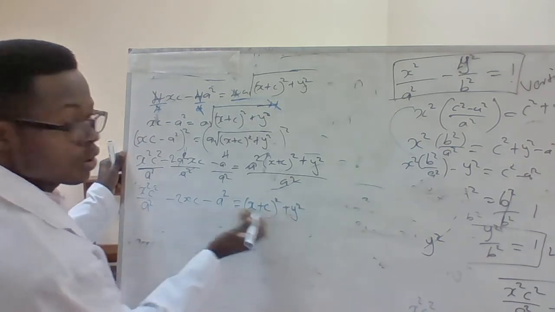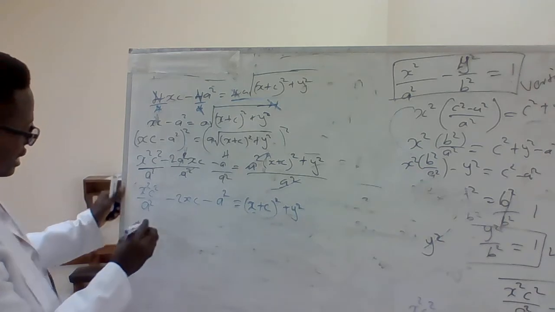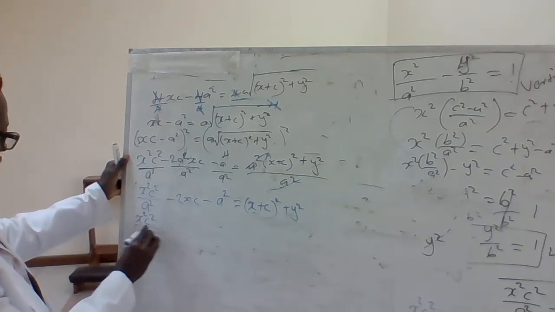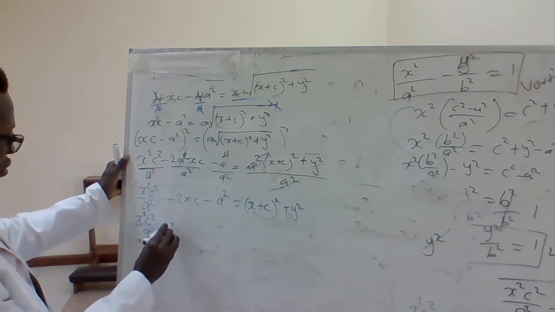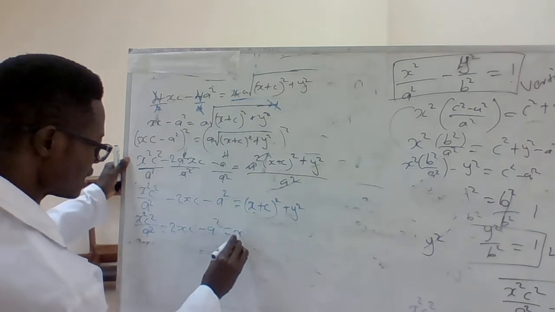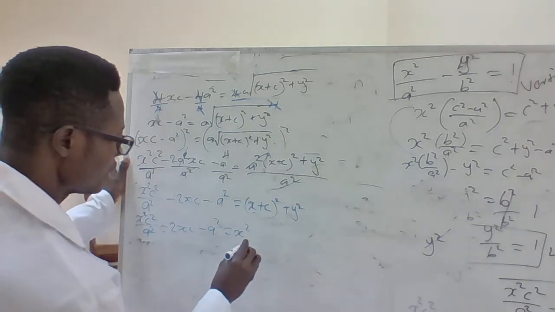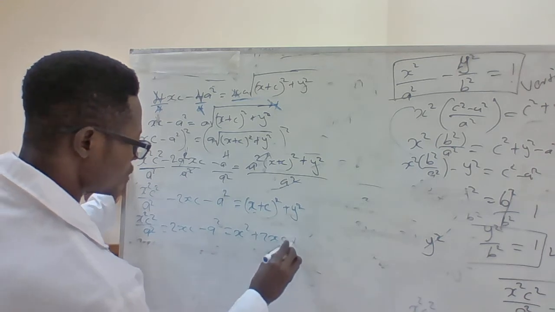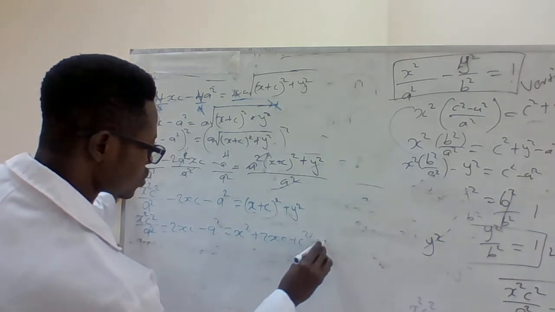But now we can expand this bracket so that we have x squared c squared over a squared minus 2xc minus a squared will give us x squared plus 2xc plus c squared plus y squared.